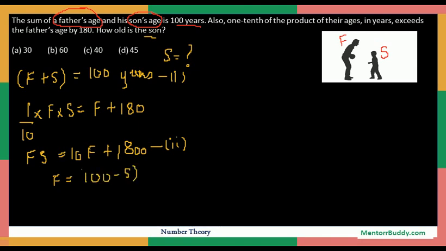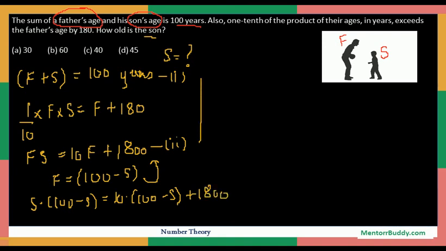Putting this value of f in the second equation, it will become s into 100 minus s equals 10 into 100 minus s plus 1800. Solving this further, this can be written as 100s minus s square equals 1000 minus 10s plus 1800.